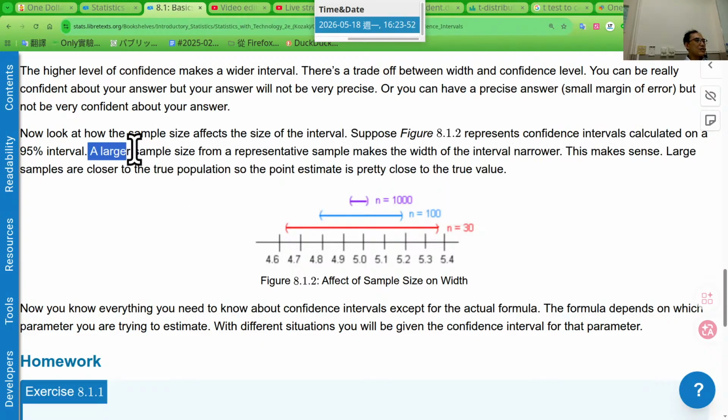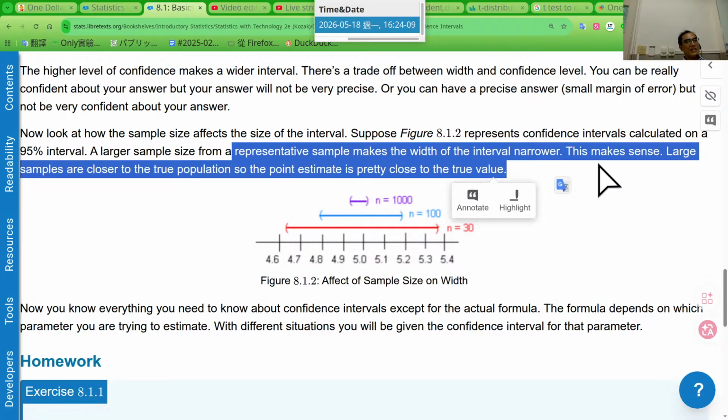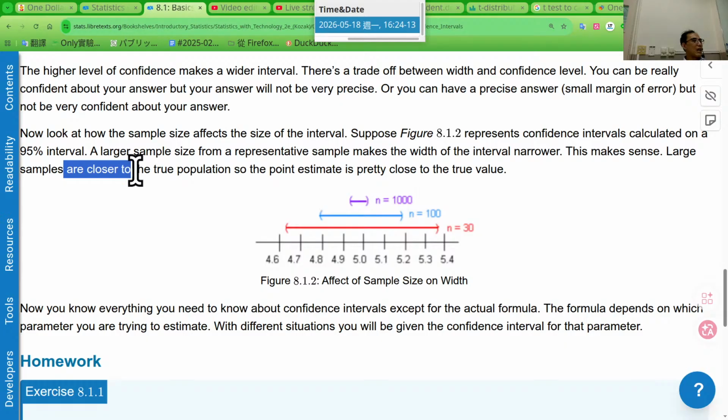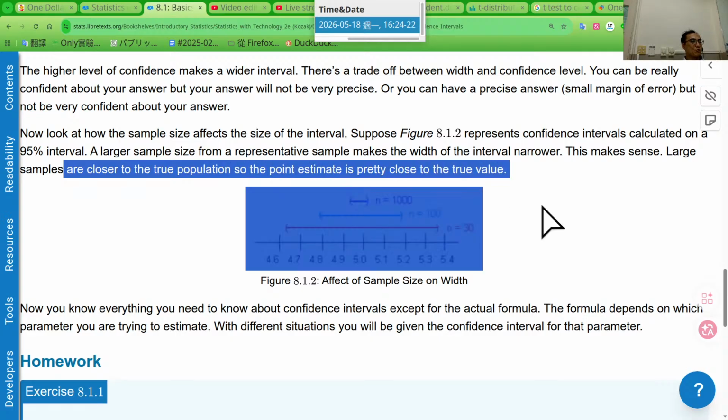A larger sample size, for example n equals 1000, n equals 100, or n equals 30, with a representative sample, makes the width of the interval narrower. This makes sense. Larger samples are closer to the real population value. The point estimate is pretty close to the true value.